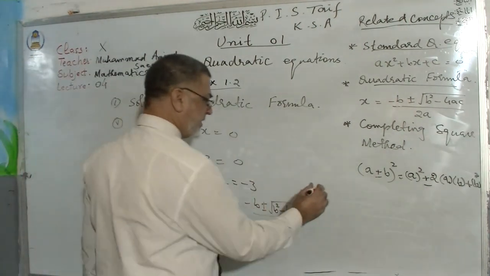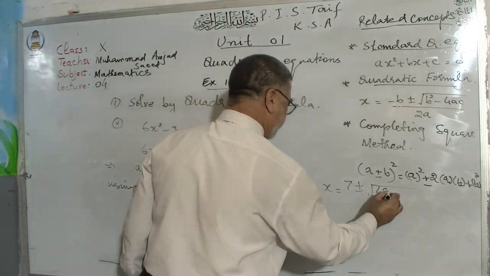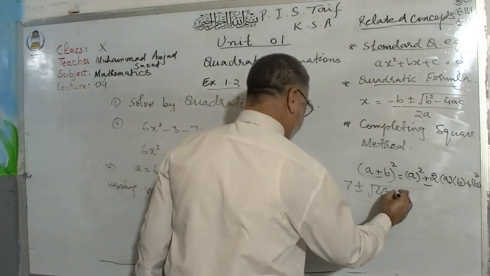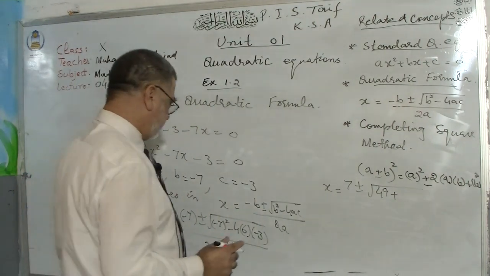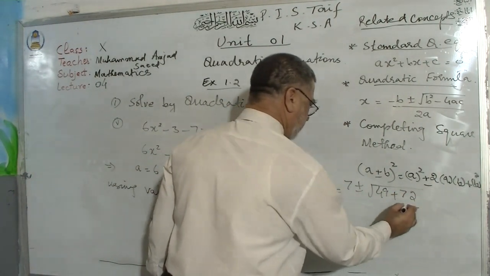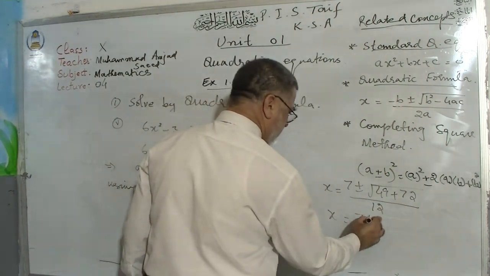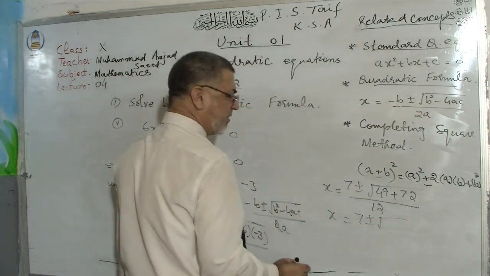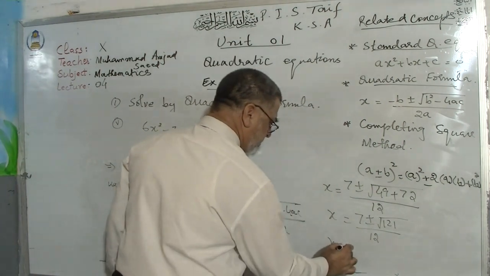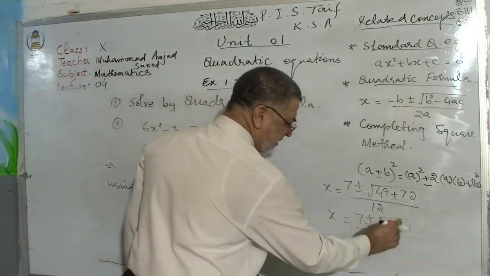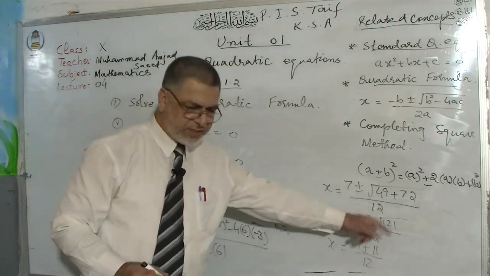Here we have x is equal to 7 plus minus 49 plus 72, divided by 12. So x is equal to 7 plus minus, you will add them, that will be the square root of 121 over 12. So you know that the square root of 121 is 11, over 12.